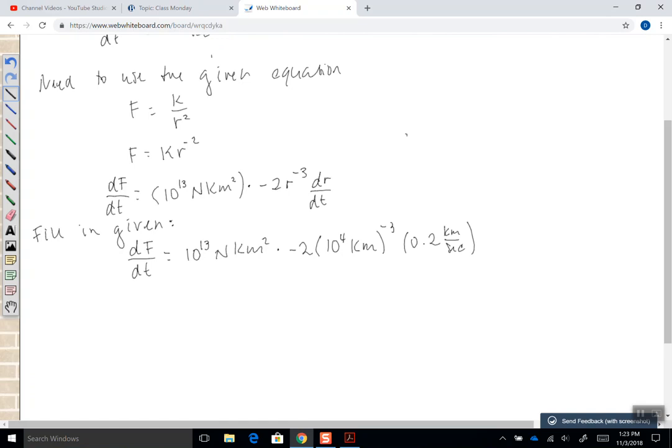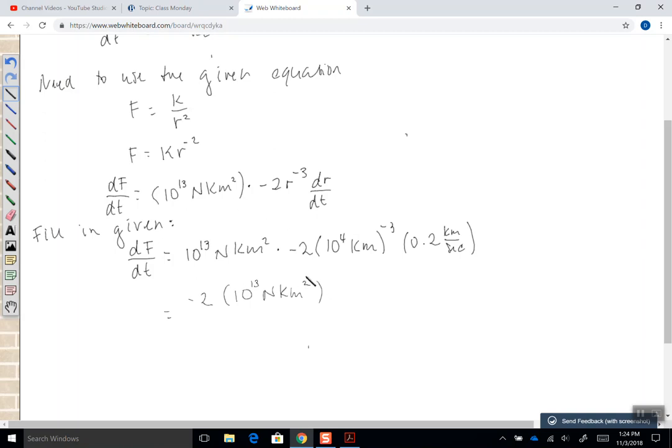Okay, so let's see. If I think through this part, I can see that this is multiplied by that. So in my numerator, I have, let's see, the -2 was out in front of this whole thing. So I would have a -2 still here times my 10 to the 13th Newton kilometers squared.